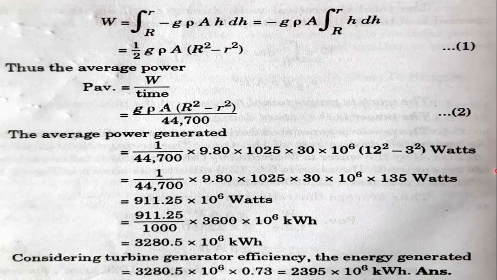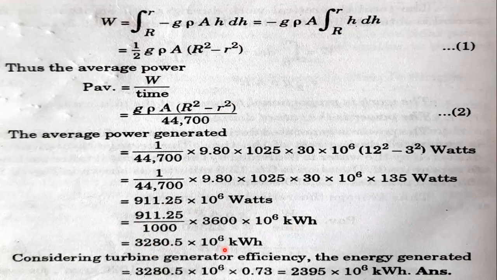If you substitute all the values, you will get 911.25 into 10 power 6 watts. If you want to convert into kilowatts, divide by 1000, you can put kilo here. So you will get 3280.5 into 10 power 6 kilowatt hours.